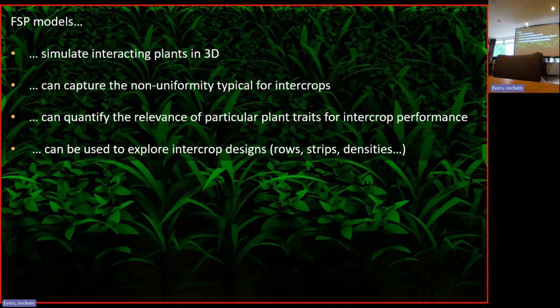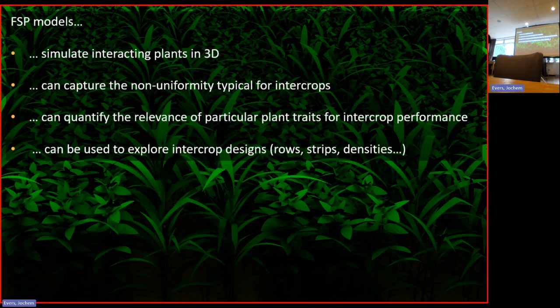Last point I want to make is something that Wopke mentioned in the break when we were having a chat. Simplicity versus complexity. I'm very much a proponent of trying to make things as simple as possible. So if things can be done simpler, do it simple. If you don't need complexity, don't use the complexity. And this is for me a very important point. If your question is on root angle, or perhaps the production of new leaves on a stem, or there's people that look at how leaves are bending, or what is the shape of a leaf, or how many leaflets my tomato plant needs to have.